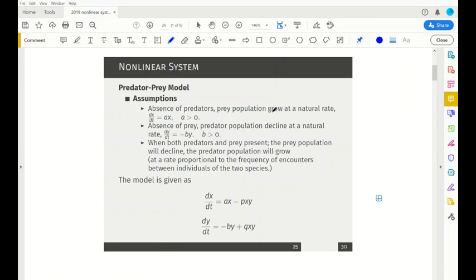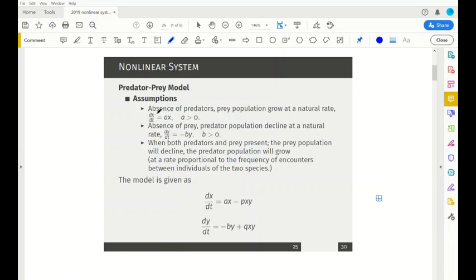First, in the absence of the predators, we assume that the prey population will grow at a natural rate. Recall the problem in the first order model that we saw. Population grows at a natural rate, and we have this kind of equation, right?